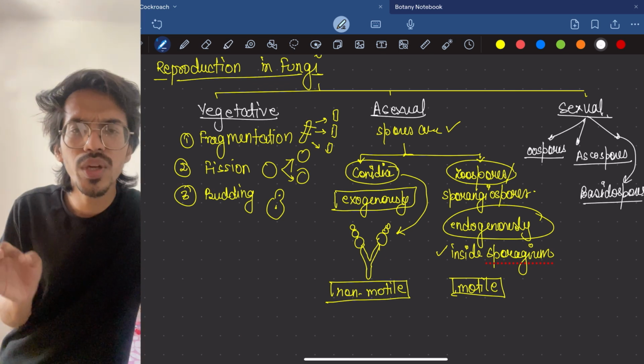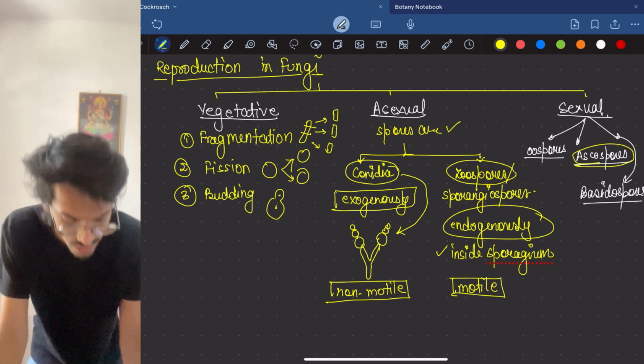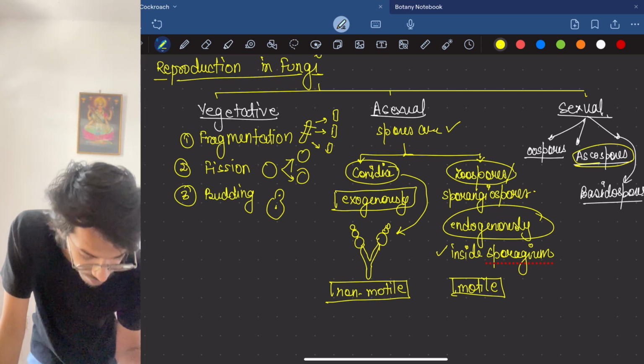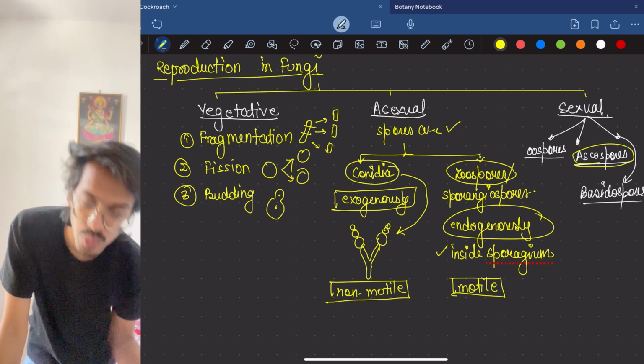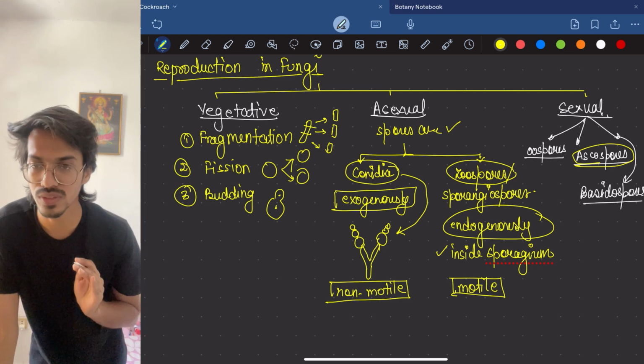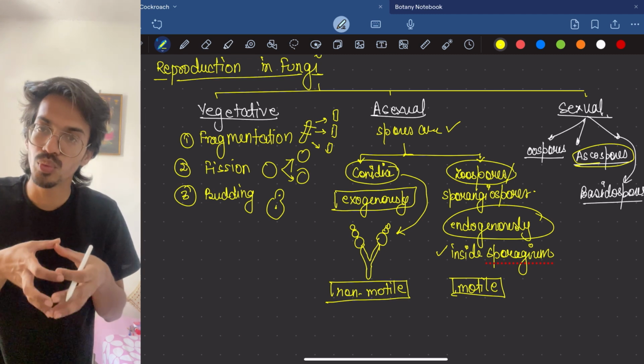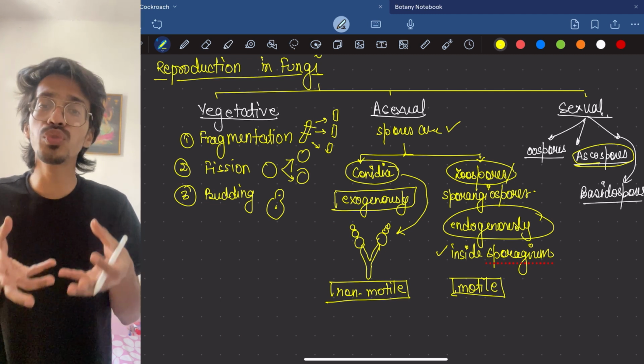Now we are not going more into the oospore, but we are definitely going into the ascospore and the basidiospore. Always remember that the ascospores are present inside a body which we call the fruiting body.